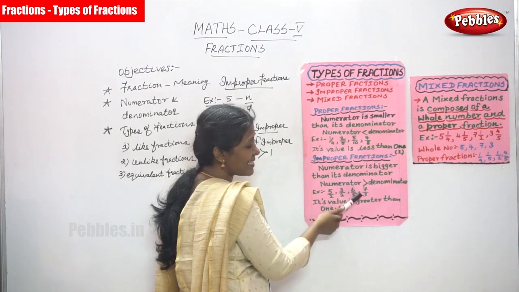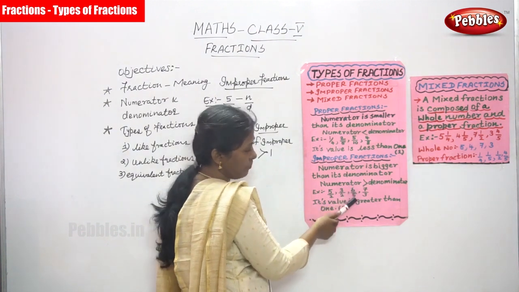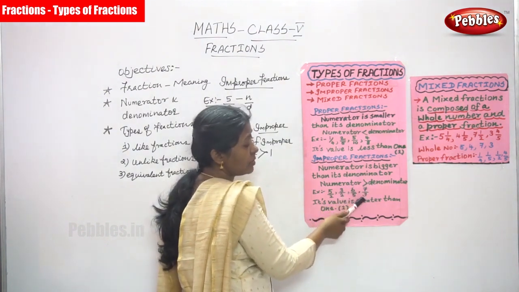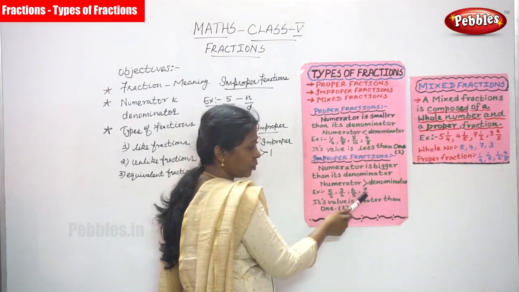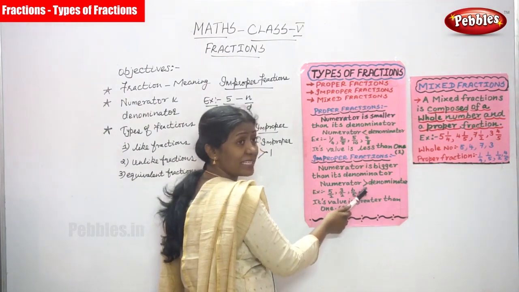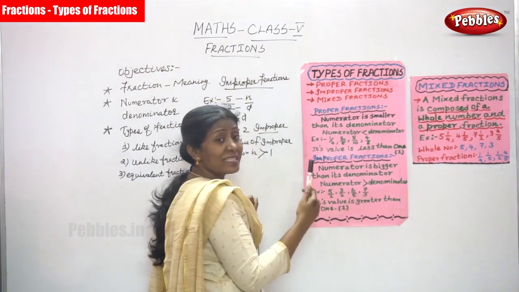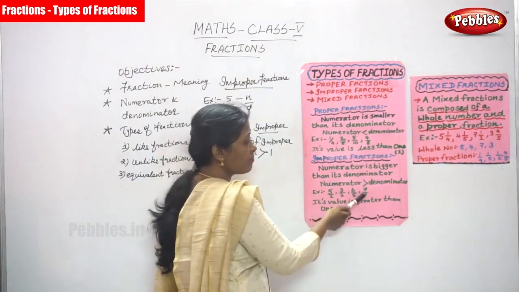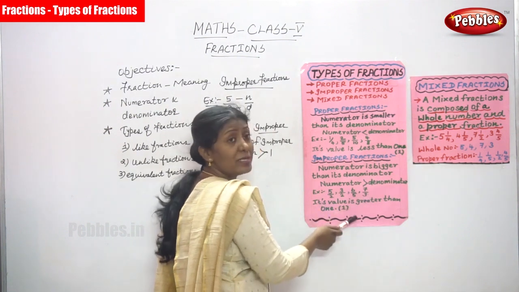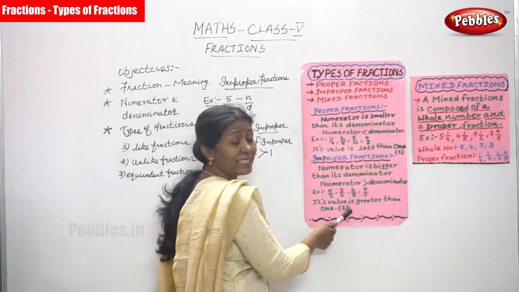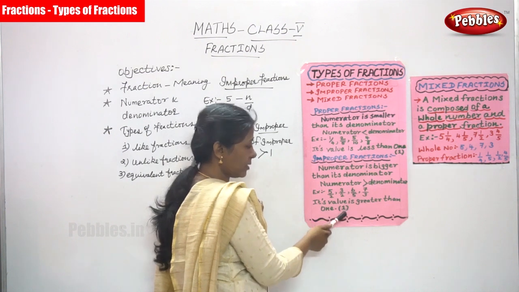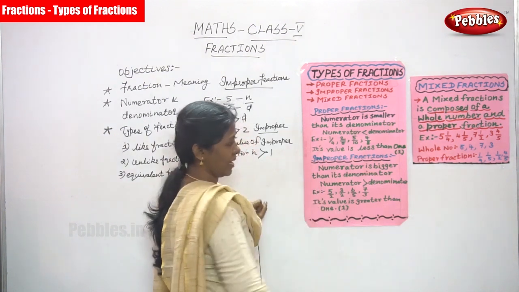Compared to 6 and 5, 6 is greater than 5, so it is an improper fraction. 7 by 3, 7 is greater than 3, so it is an improper fraction. The value is greater than 1.